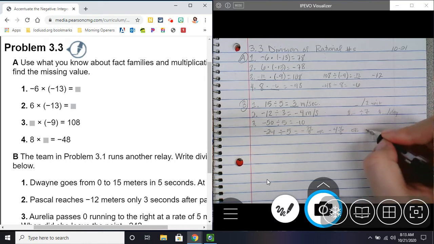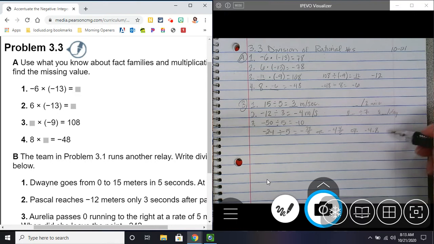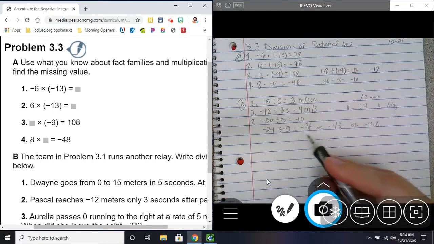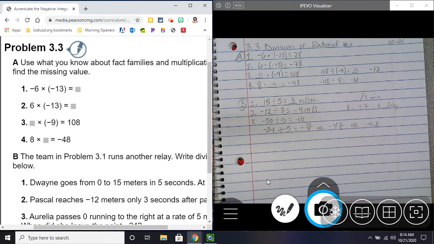Or if you really like decimals, you could do -4.8. If you use your calculator, unless you specify otherwise, it's always going to give you answers in decimal form, like that. And any of these answers are correct and they are fine. So you'd be fine for that.